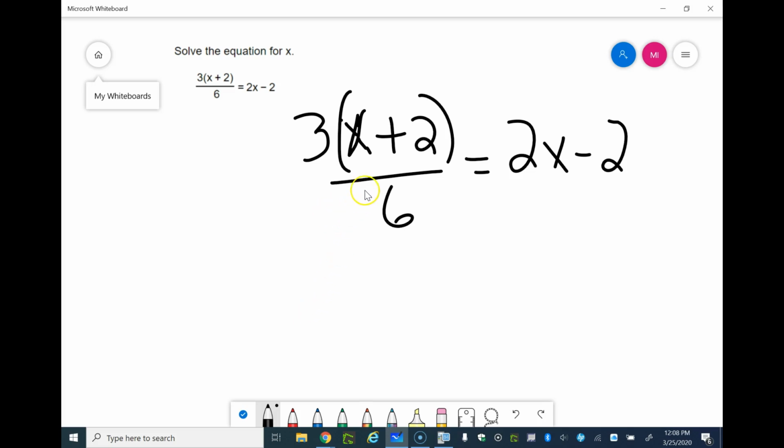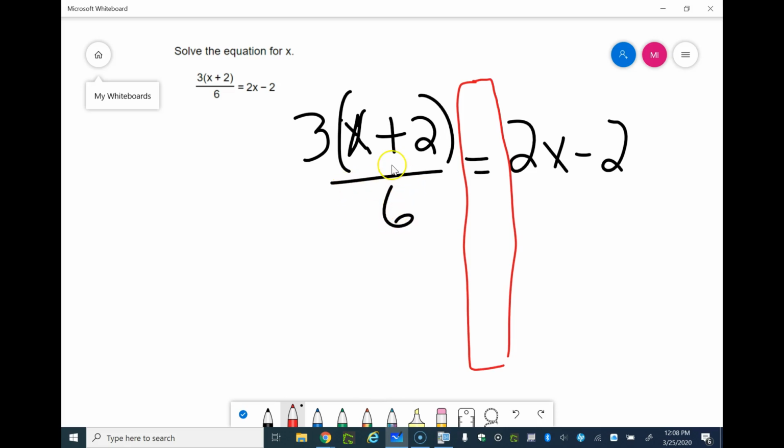Looking at this problem, I want to get x by itself, but I have a lot going on on one side of this equation. Because this is in parentheses, this 2 is the closest to the x. Then the 3 is probably next closest, but the 6 is the furthest away. So I'm going to decide to move the 6 over first.